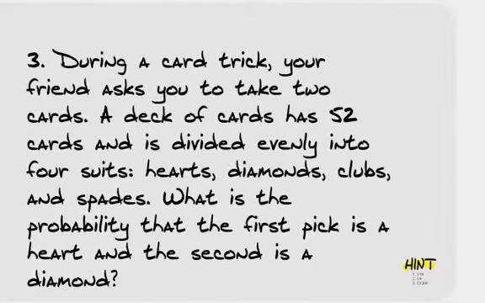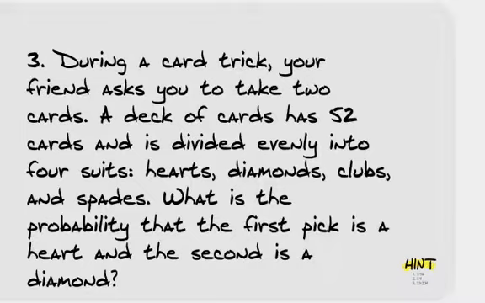All right, during a card trick, your friend asks you to take 2 cards. First card you draw has to be a heart, and the second has to be a diamond, and you don't put it back in. So what's the probability at the beginning of getting a heart? Well, there's 13 out of 52, because there's 13 hearts, 1 out of 4.